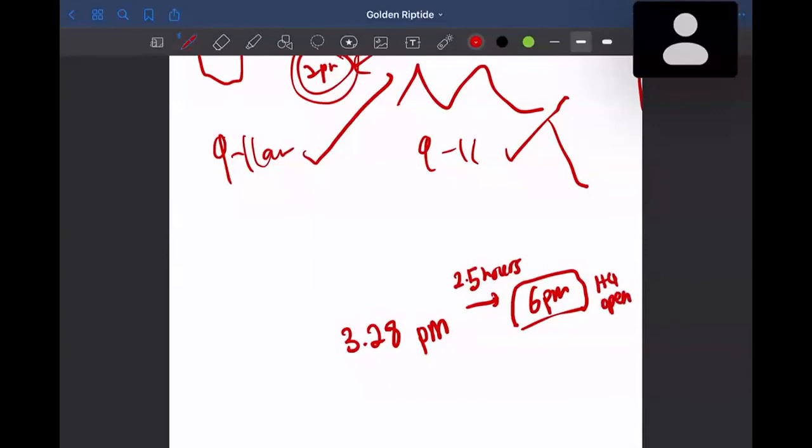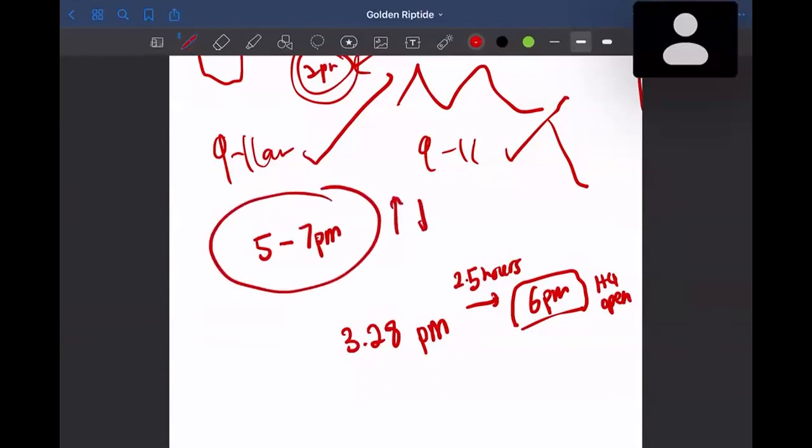And that is when, in my time, it's night time. So around your time, 5 to 7 p.m., there is going to be a market shift, okay, up or down.